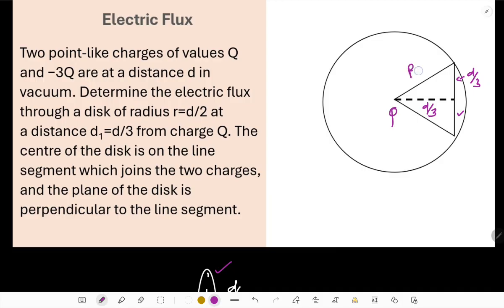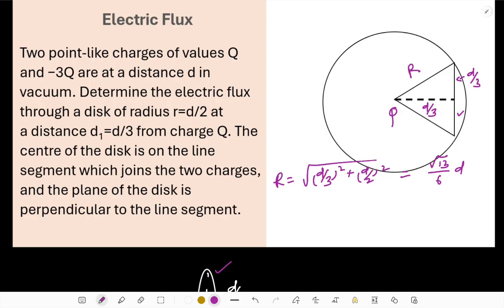If I call this r, using Pythagoras theorem, r is going to be the square root of d by 3 squared plus d by 2 squared, which is root 13 by 6 d. This value of r I get after solving.